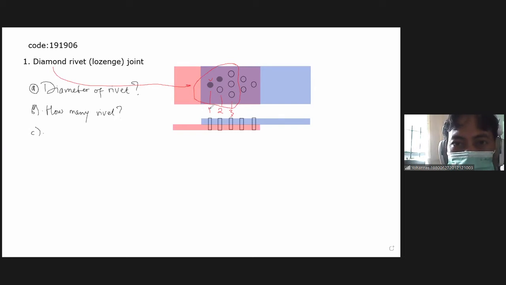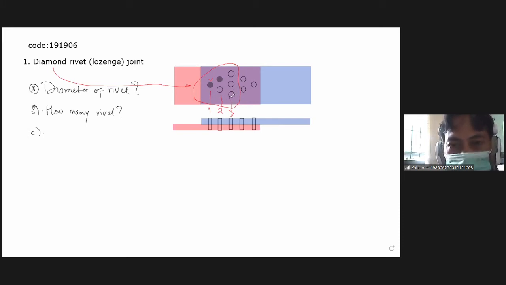So for example, here we give an example that the first row consists of only a single rivet. For the second row, we have 2 rivets. And in the third row, the third column, okay, we can say this row or column.